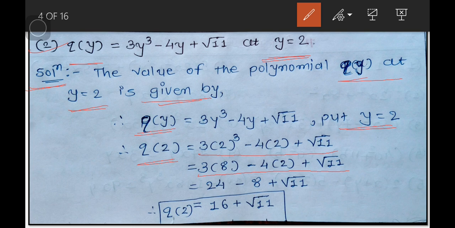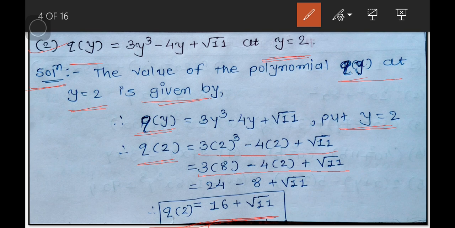So we do subtraction of 24 and 8, then we get at last q of 2 is equal to 16 plus root 11. So here we get the value of q of y as q of 2 is equal to 16 plus root 11.